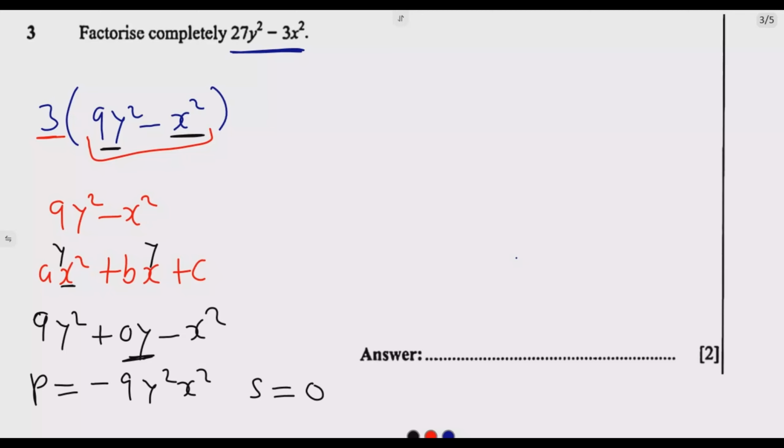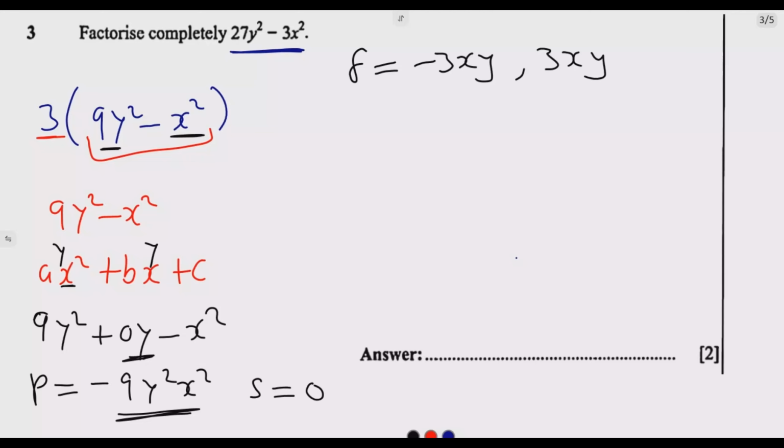Then we look for the factors. What are the two expressions such that when we apply them we get this? We are going to get minus 3xy and 3xy, or 3yx, the same. AB and BA are the same.